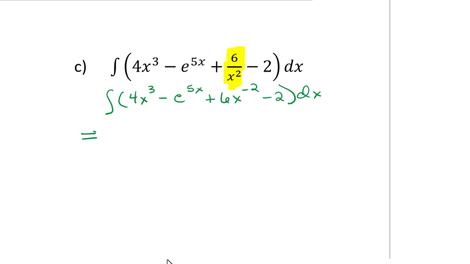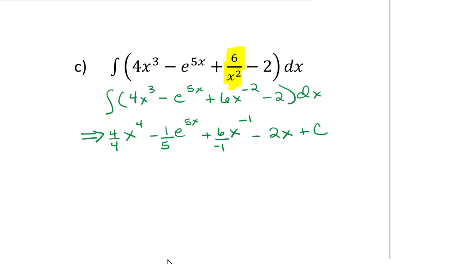So now that we're actually going to antidifferentiate or integrate, we can drop that integral sign and we would get x to the 4th, 4 divided by 4, minus e to the 5x divided by that 5, x to the negative 1, 6 to the negative over negative 1, minus 2x, and then plus some constant c.